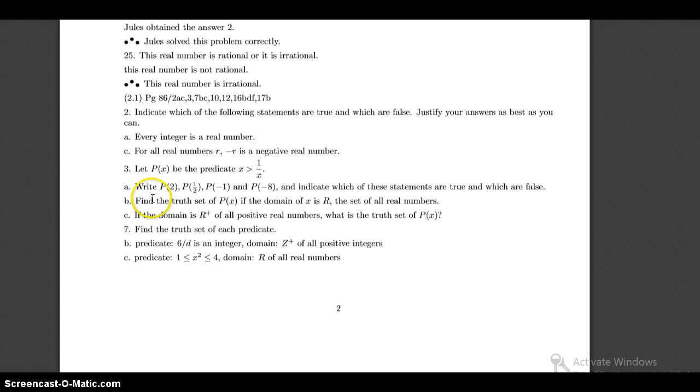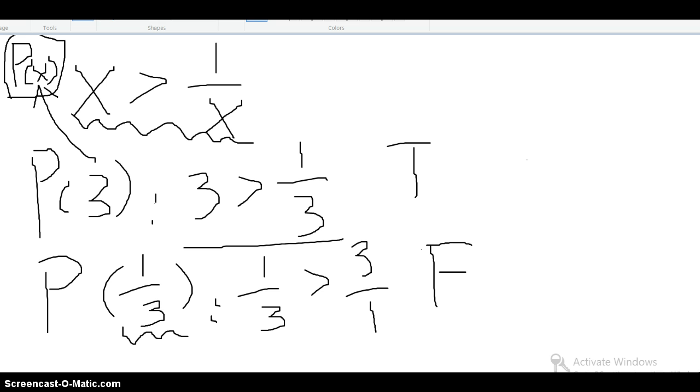That's part A. Part B, find the truth set of P of x. The truth set means you need to find all the numbers for x such that the inequality is true. So for example, right here I found one number, 3.